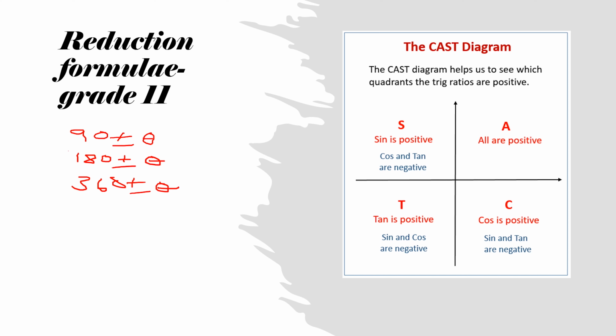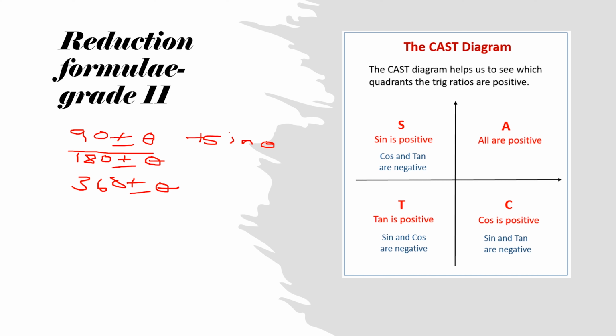So if you have 90 ± θ, you can write it as, for example, positive sine θ only, without the 90, if the example was sine (90 ± θ). And you learned this in Grade 11.